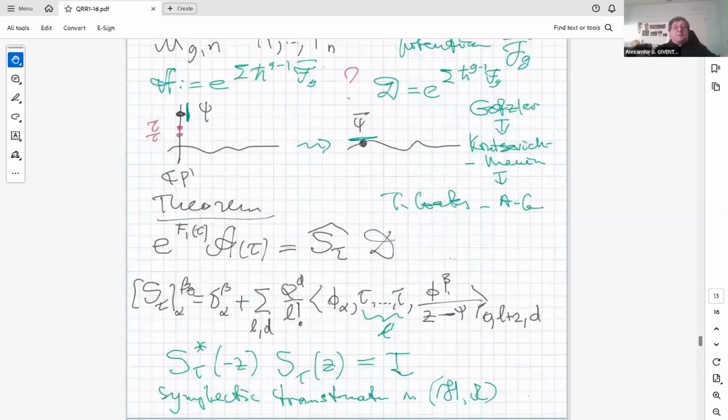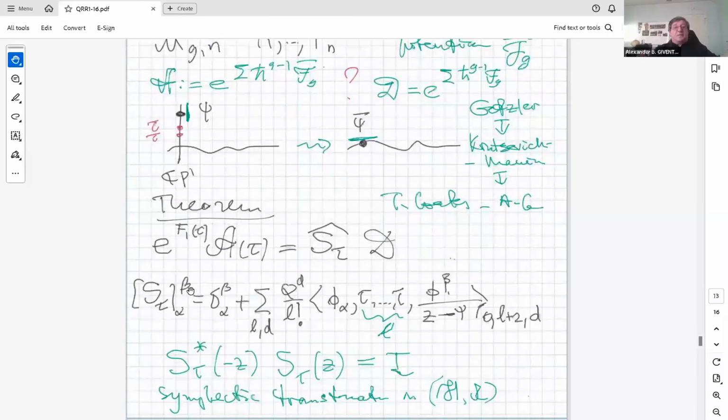Moreover, it satisfies this identity: if you take the transpose with respect to the Poincaré pairing of that matrix, put minus z there, and multiply with itself, you get the identity matrix. That identity exactly means that S is a symplectic transformation on our symplectic loop space, and so it defines a transformation through quantization on our Fock space.